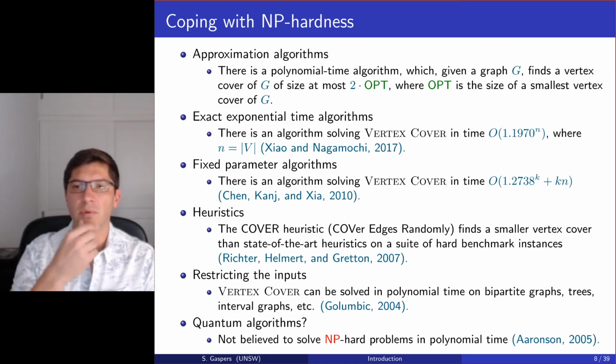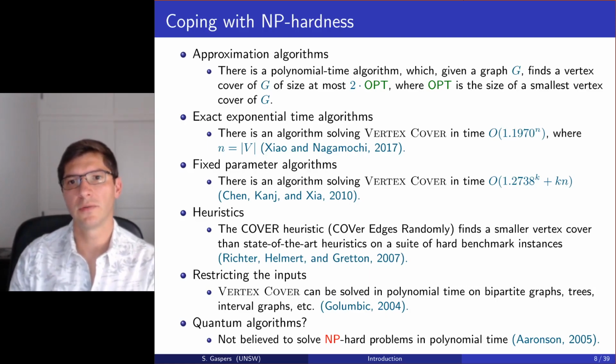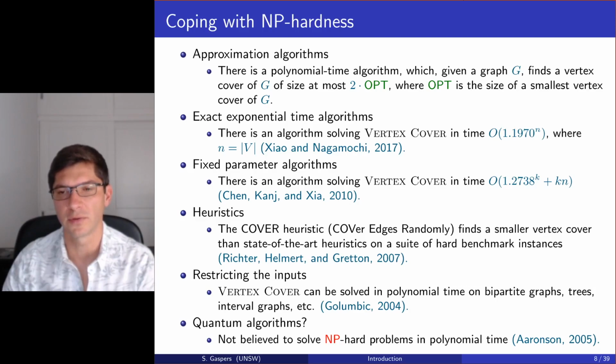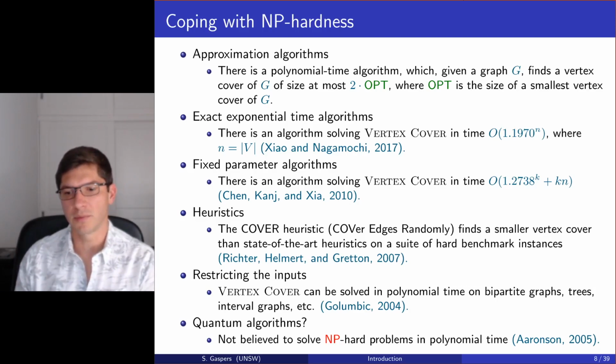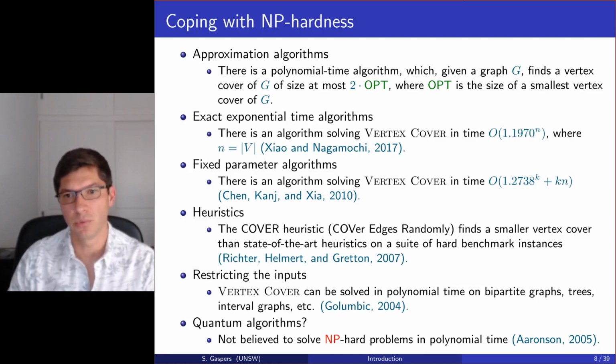For the approximation algorithm up here, we had a true approximation algorithm because it gave us a vertex cover of size at most twice the size of the smallest vertex cover. For heuristics, we typically don't have such guarantees, but people show that in practice they work well. They often find small vertex covers on a selection of benchmark instances, but one usually speaks of a heuristic when we don't know an approximation guarantee.